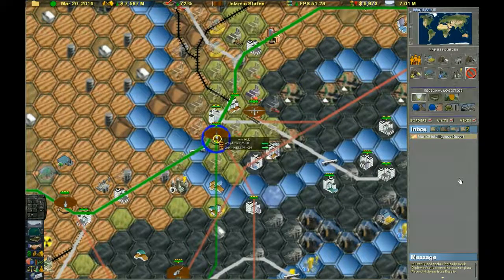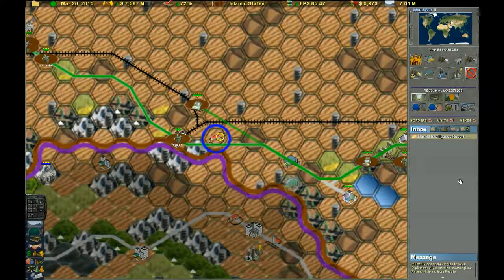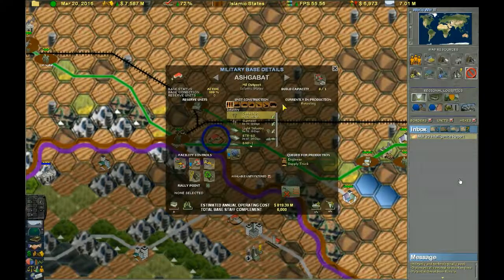This is what the field order would sound like. The hex width is 25 kilometers, the default radius of a hex is 25 kilometers.